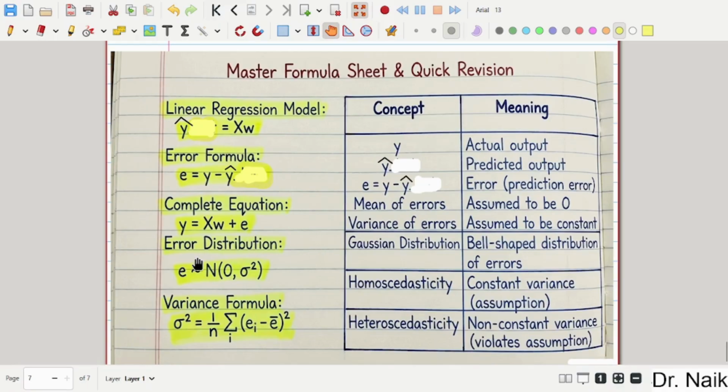Error distribution means error follows the normal or Gaussian distribution with mean equal to 0 and variance sigma square, and the variance formula is sigma square is equal to 1 upon n summation of square of ei minus e bar, where i ranges from 1 to n, and e bar is the mean of the error.